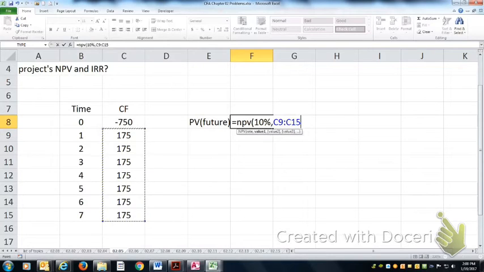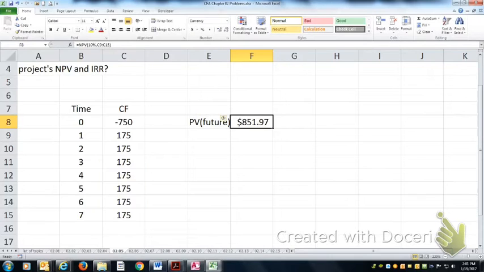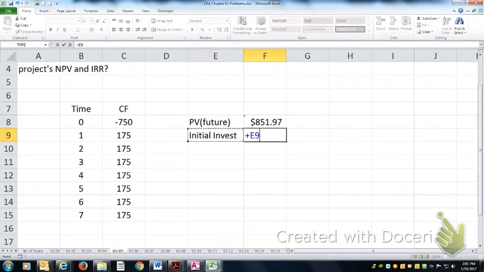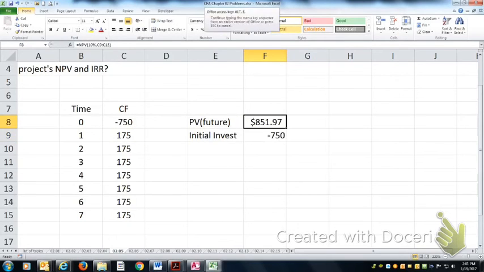Again, we do not include time 0. Alright, so that's worth 851.97 million won. The initial investment is the negative 750.